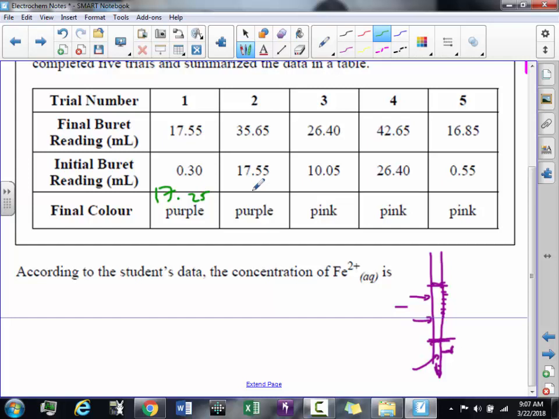Ah, that's why. It's 3565. I got 18.10. 2640 minus 1005. I got 1635. 4265 minus, what is that, 26? 2640, 1625. 1685 minus 0.55, 16.30, really.